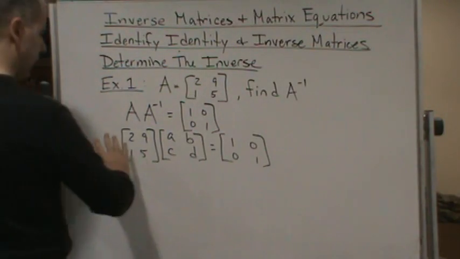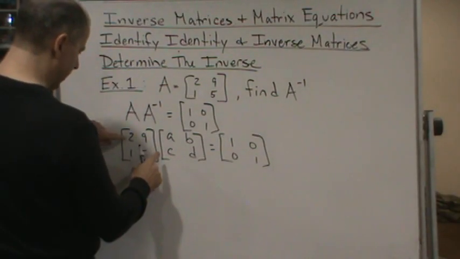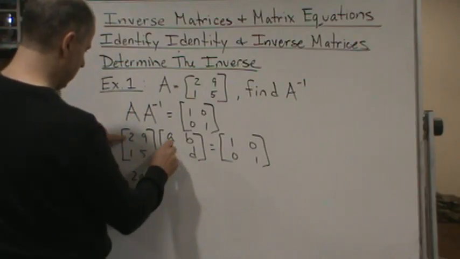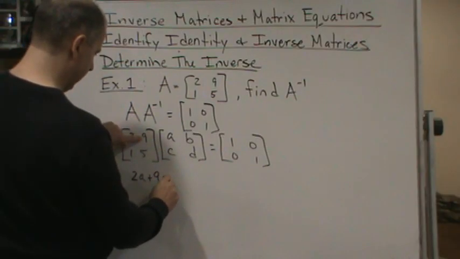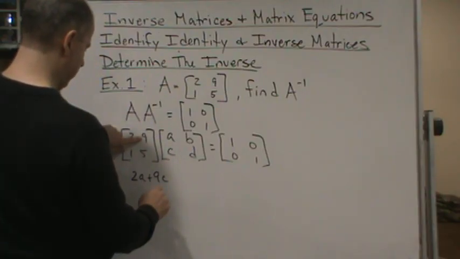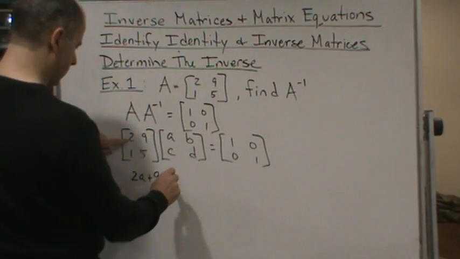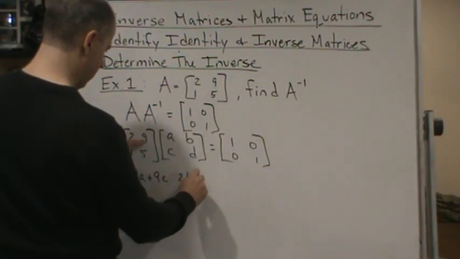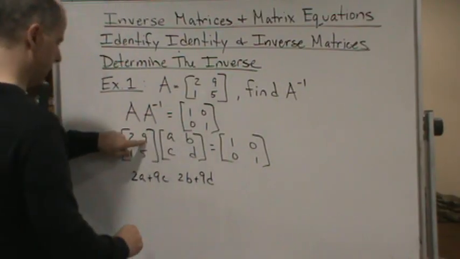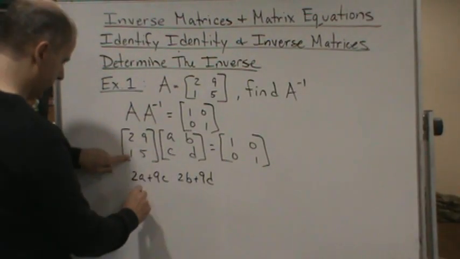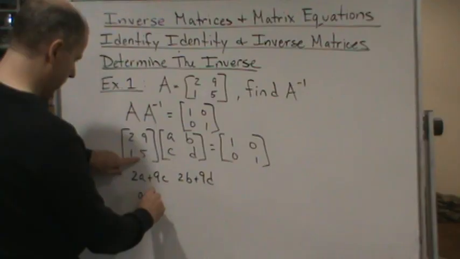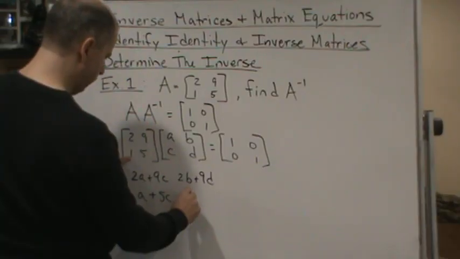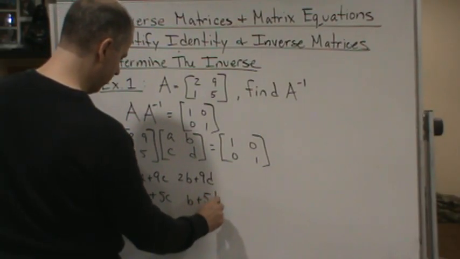So now let's multiply this out. And so what do we get? We get 2 times A plus 9 times C, and then we get 2 times B plus 9 times D, and then we get A plus 5C, and then we get B plus 5D, right?